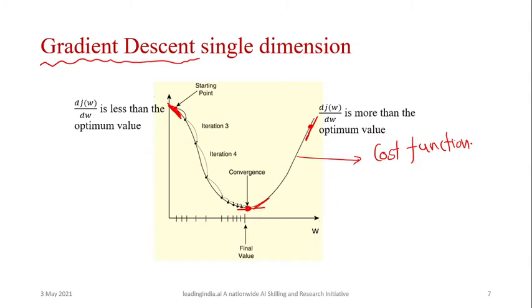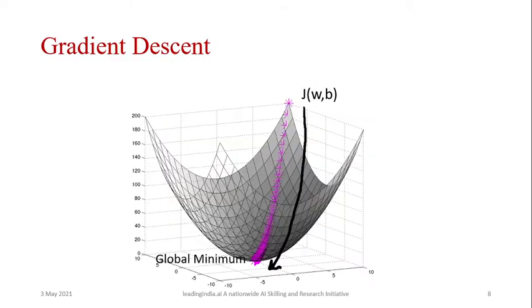Saying the slope becomes 0 means that dJ/dw, the differentiation of the cost function with respect to w, will become 0 at the convergence point and will be higher as you are far from it. Let's utilize this dJ/dw. Similarly, in the multi-dimensional case, it will look like a bowl.